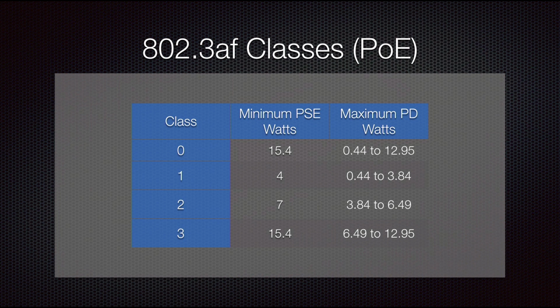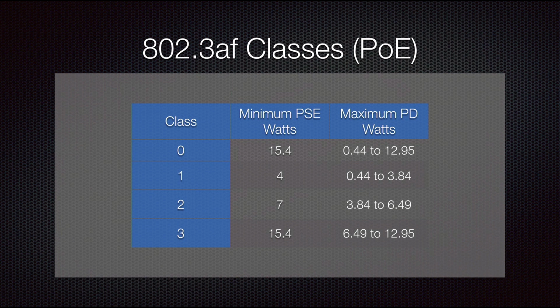They send back a little bit of information, a little bit of power, and they try to negotiate what is called a class. What that means is that the device tells the switch how much power it needs to send. So yes, it's 48 volts, but how many watts do you need to send?